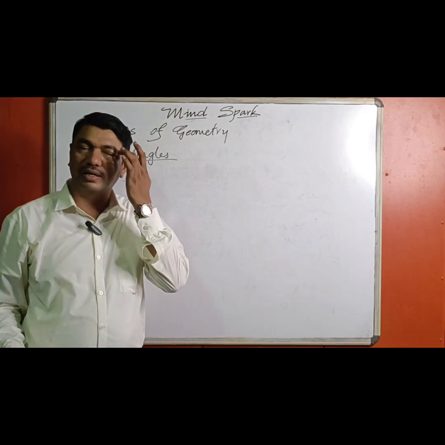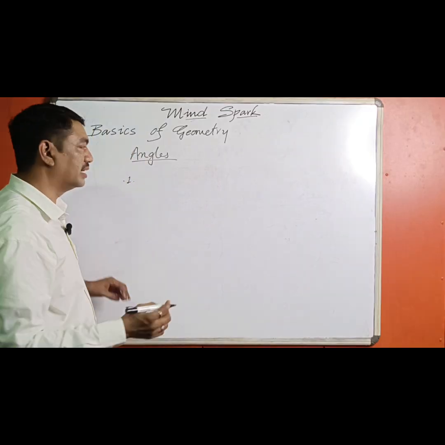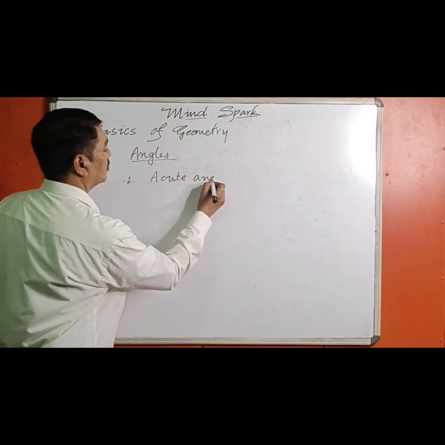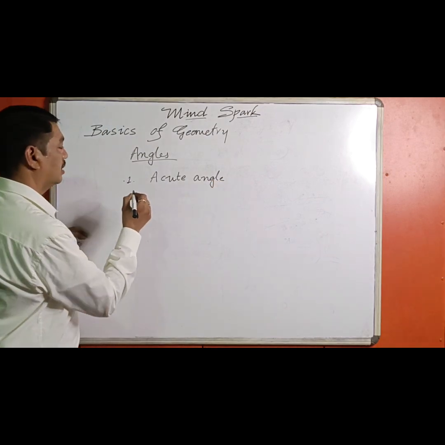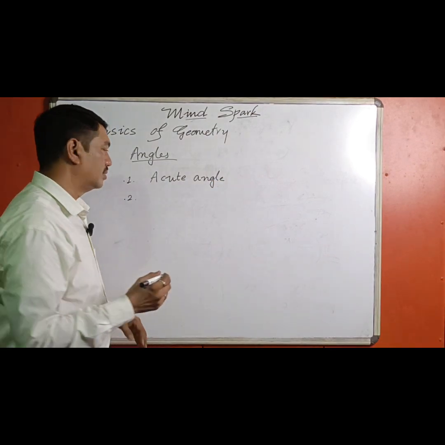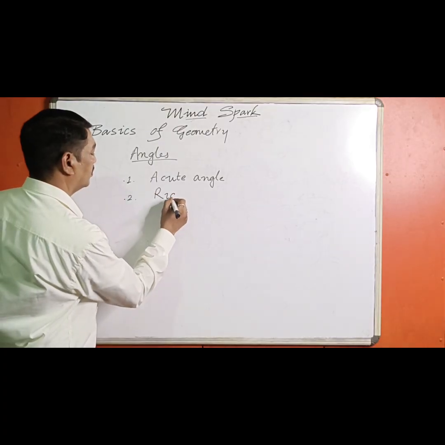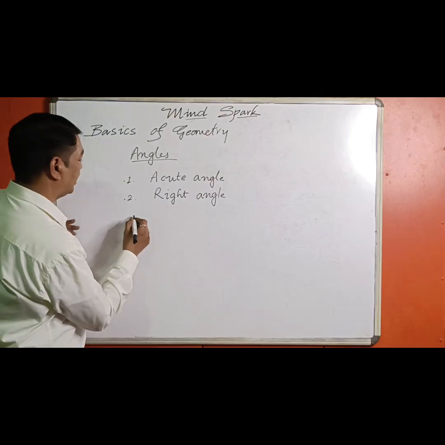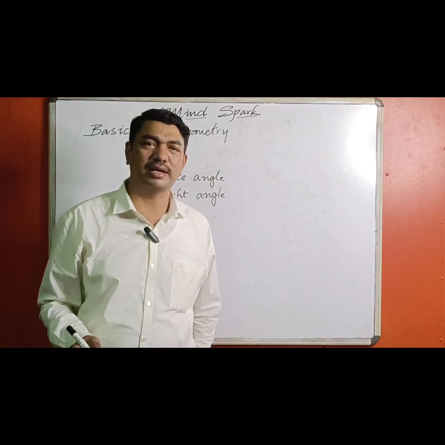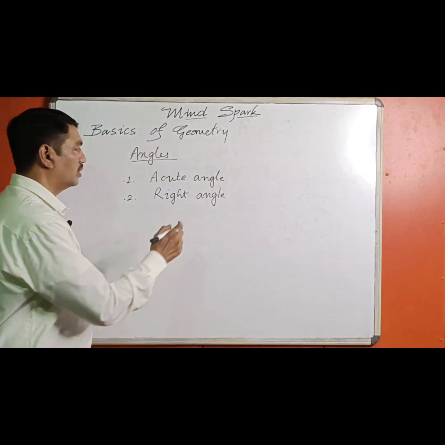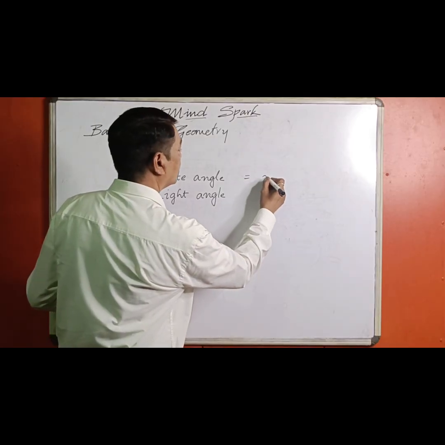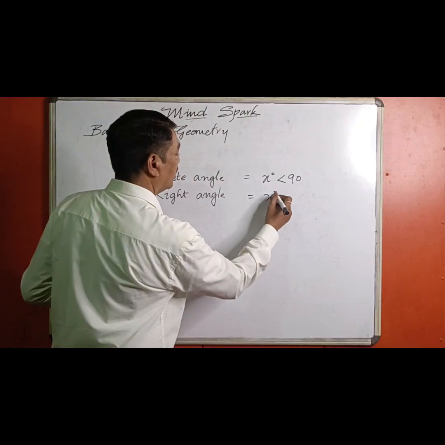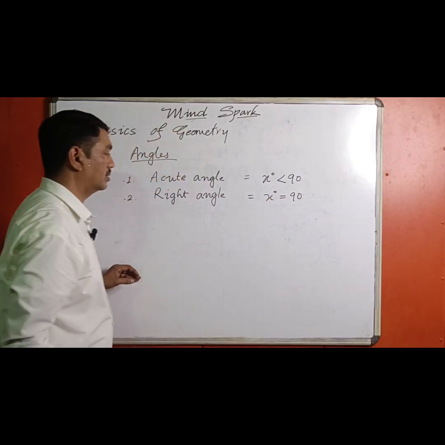An acute angle is an angle less than 90 degrees. Next is the right angle. A right angle should be 90 degrees. So an acute angle is less than 90 degrees, and a right angle is equal to 90 degrees.